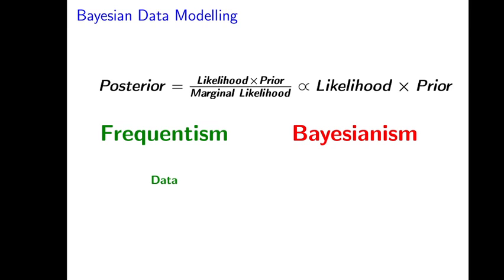Frequentism is a 100% data dependent approach, which means that within the frequentism approach, we draw our conclusion, we draw our estimation using only data observations or using only measurements that we have at hand. We have only one source of data modeling, which is the data itself.